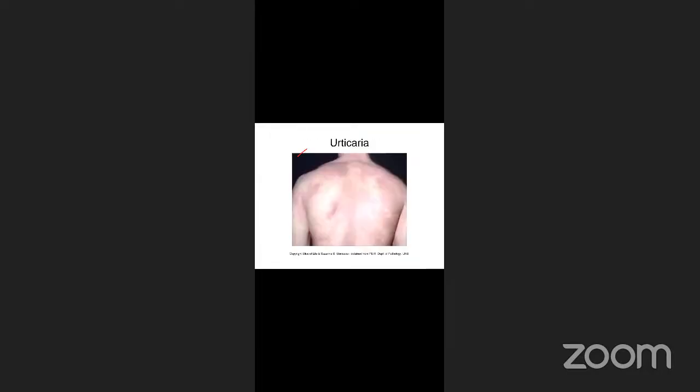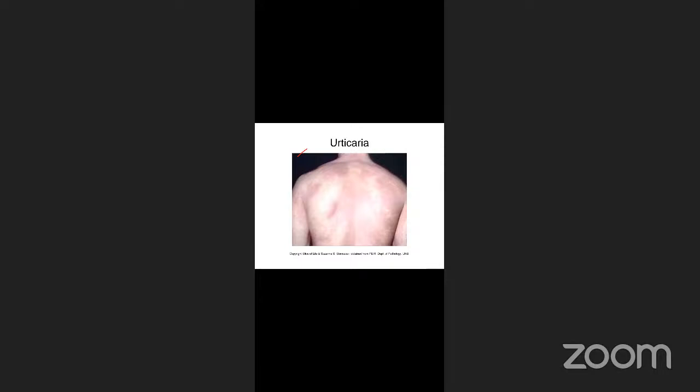For example, this is urticaria. Urticaria is also a localized anaphylactic reaction. Asthma is also an example of a localized anaphylactic reaction, in which our respiratory organs are the target.